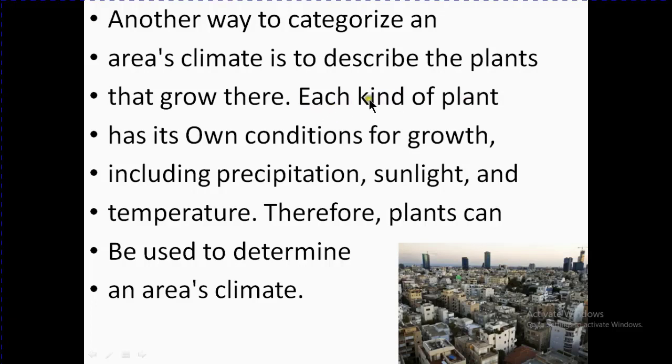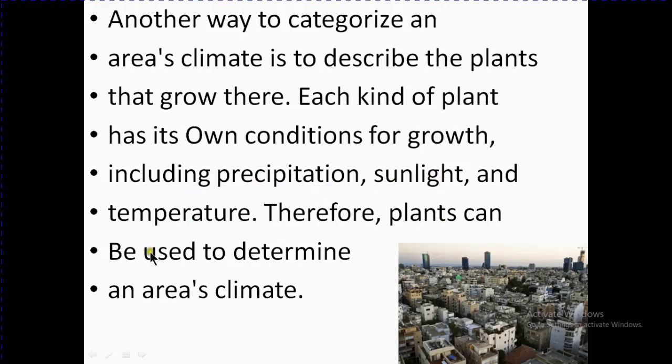Each kind of plant has its own conditions for growth, including precipitation, sunlight, and temperature. So these things affect the area, and that's the reason a plant can set its own conditions according to the sunlight, the precipitation, and the temperature.